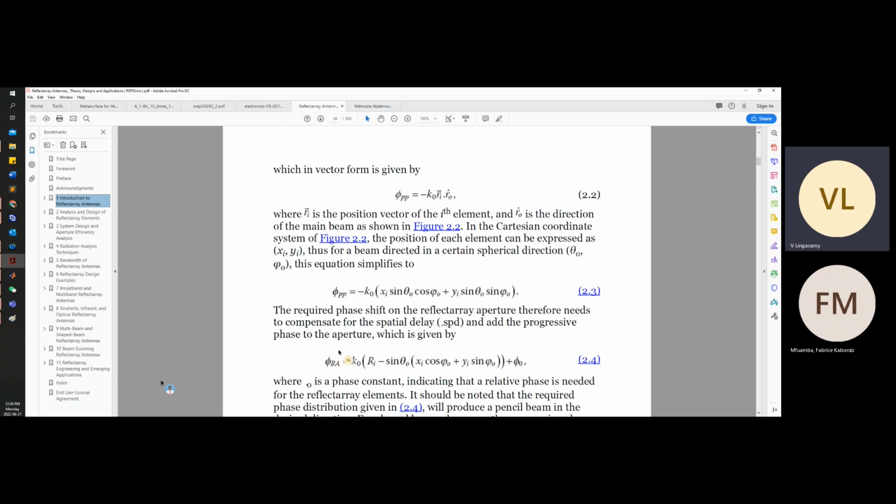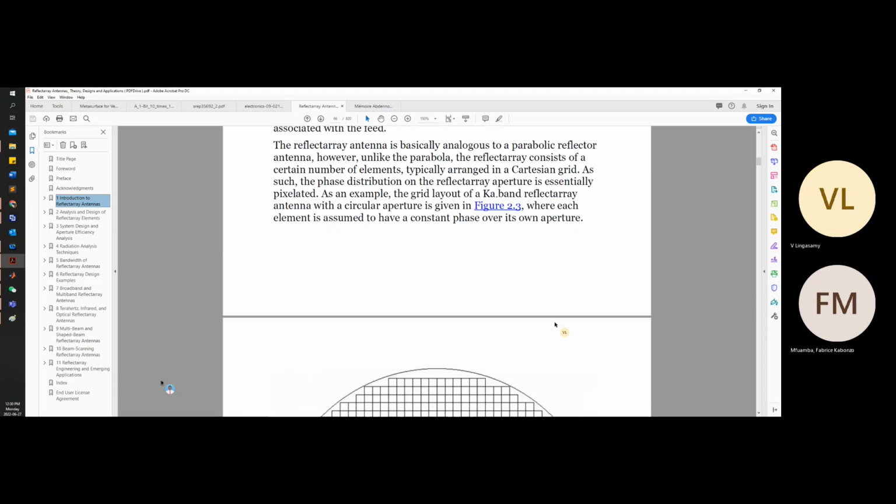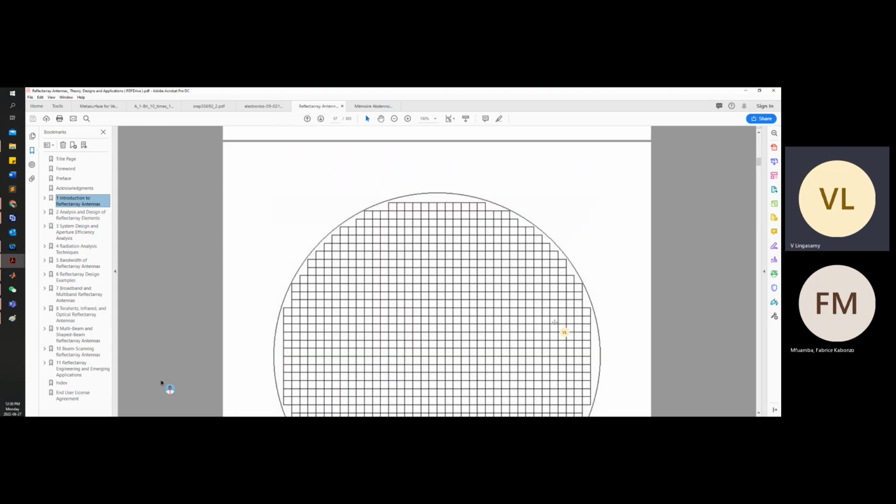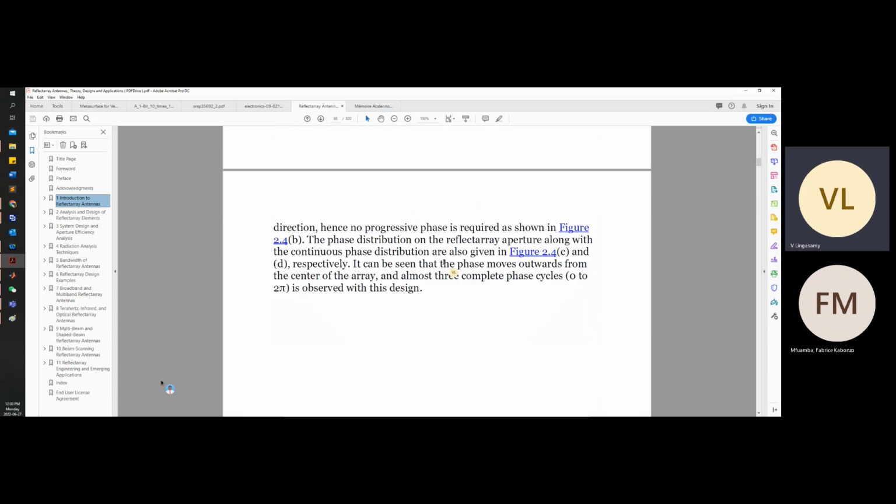That is phi reflector ray, basically. The square boxes are the places where I need to find out what phase I have to introduce, in such a way that I can get the planar wavefront. That is the idea, basically.